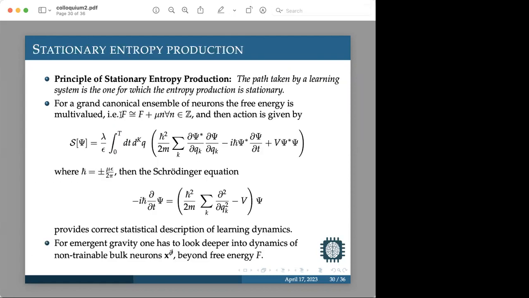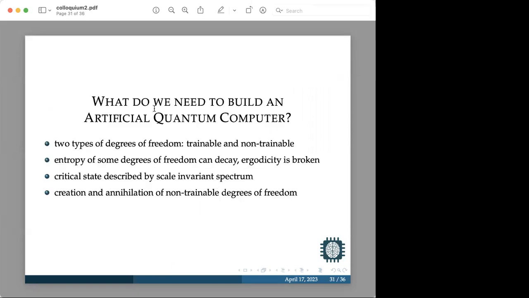And to make this final step, to make it a Schrodinger equation, you have to make an assumption that the number of neurons in the system is not fixed, it fluctuates. It can go up by 1, it can go down by 1. And then you get approximately quantum behavior. Okay, so now I ask the question, what do we need to build an artificial quantum computer?